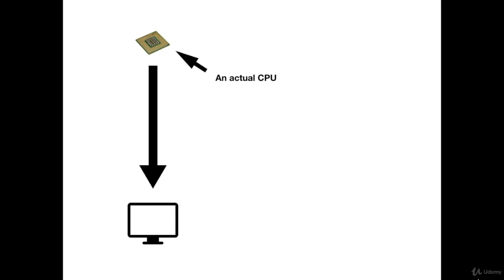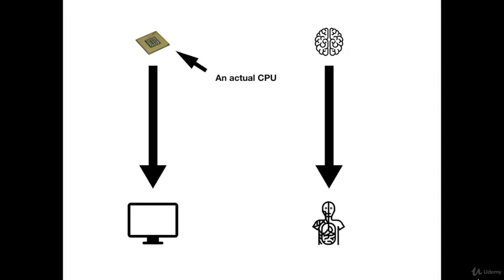The CPU is often referred to as the brain of the computer since it executes programs. So remember this, a CPU is to a computer what a brain is to a human body.